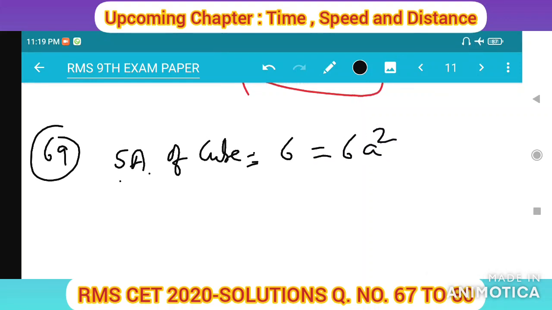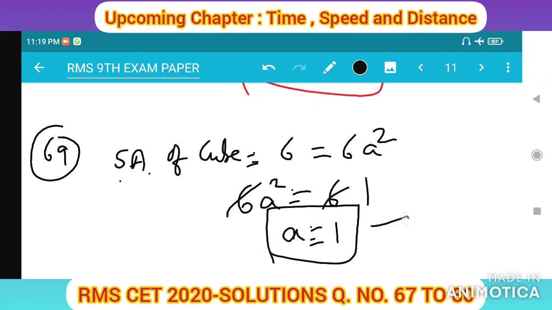So 6a square is equal to 6. That means 6 gets cancelled, a is equal to 1. So the side of the cube is 1 centimeter.